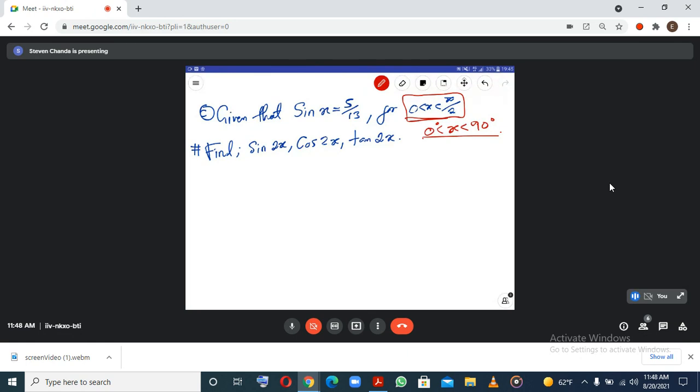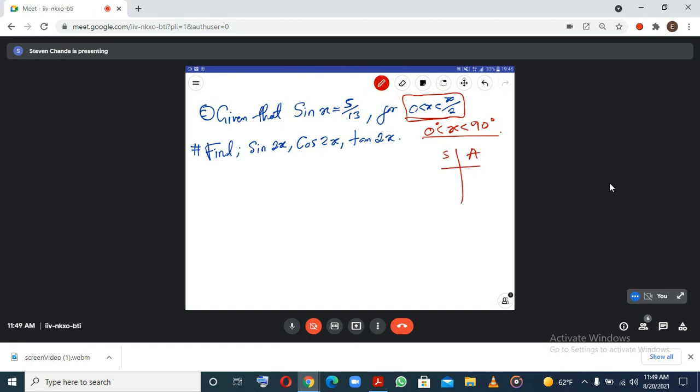When you look at that, it's in the first quadrant, right? Since you know that, you ask yourself what happens in the first quadrant. Remember, all students take coffee.